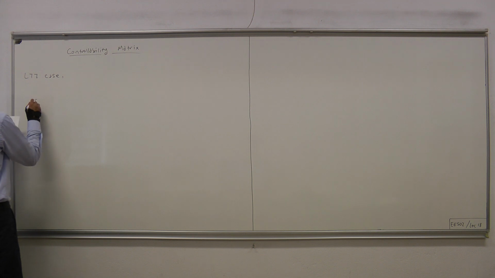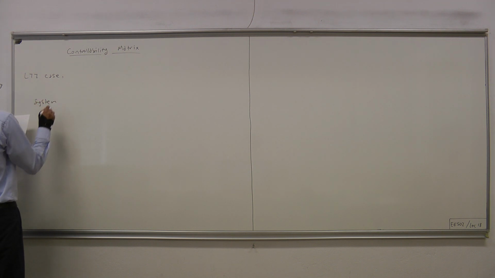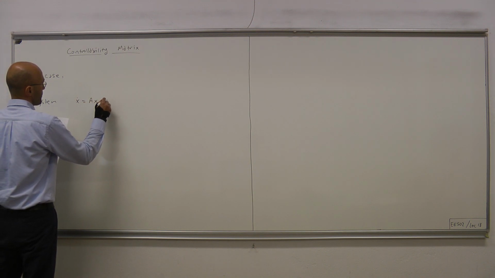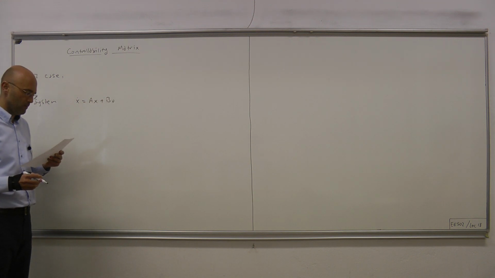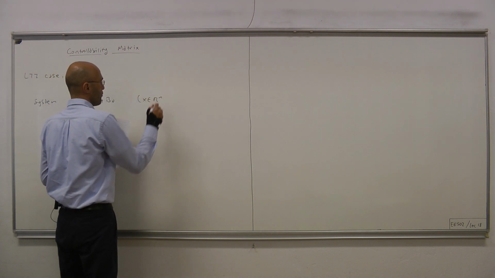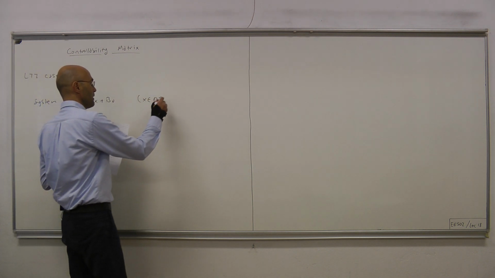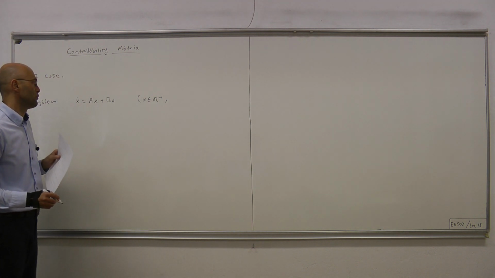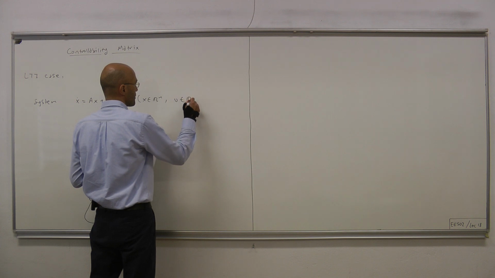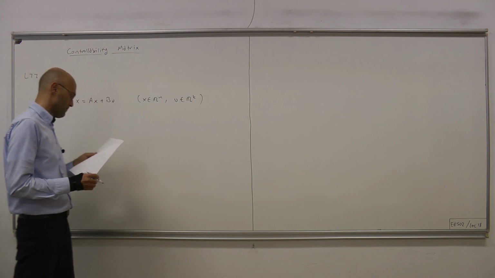Therefore, the system that we will study is x dot equals Ax plus Bu. Suppose that the system is of order n, and the size of the input vector is, let's say, k. So u is a vector in R^k.